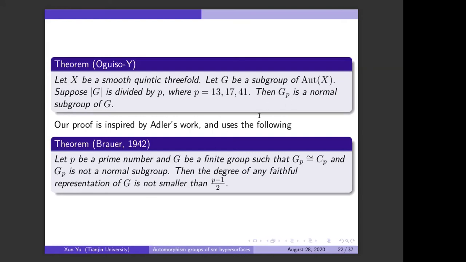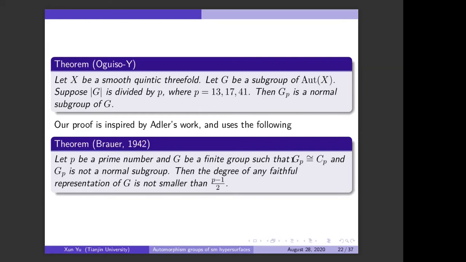In that case, we actually prove that the Sylow p-subgroup is normal. It's kind of the opposite way to use it, because in Adler's case for Klein it's a simple group, and in other cases it's normal. We actually apply a theorem quite closely related to Brauer's theorem.